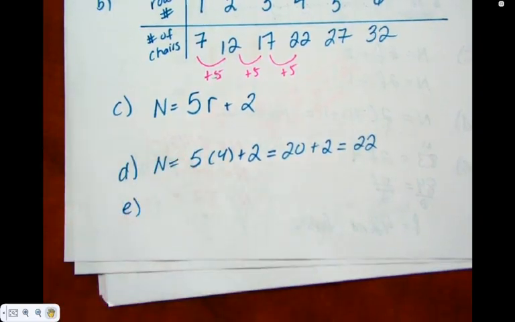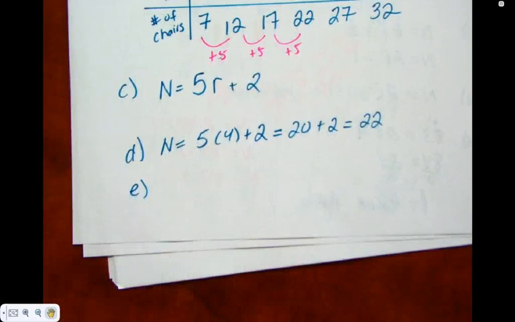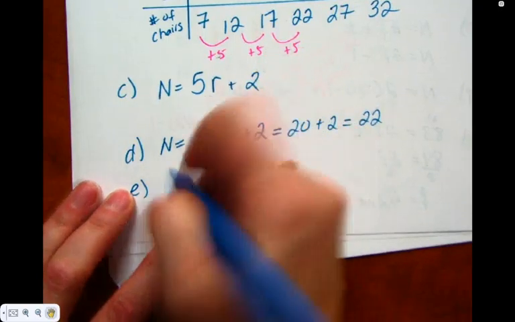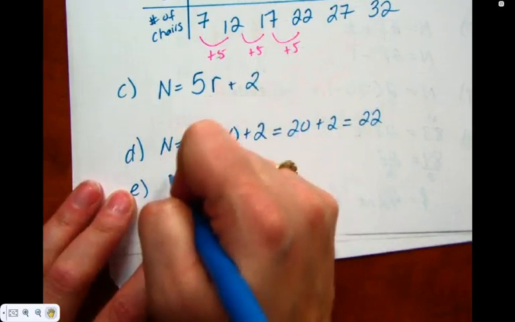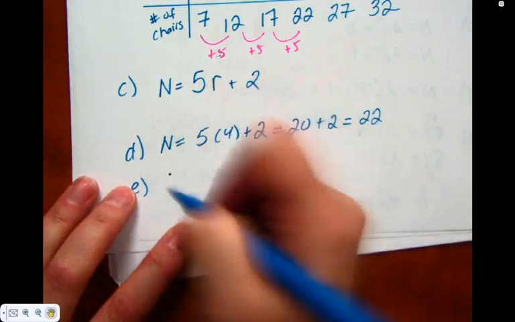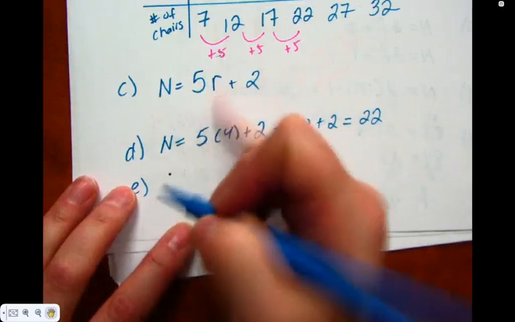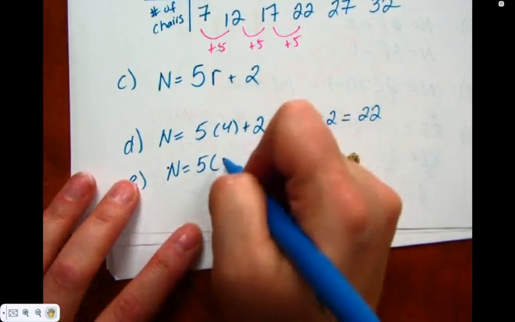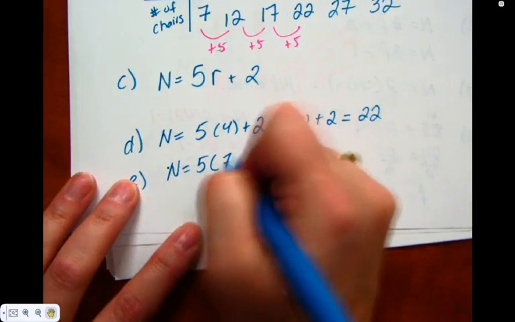How many chairs in the seventh row? Well, what am I replacing for 7? Am I replacing n or replacing 5? I'm replacing n. Really? Can't replace the 5. The 5's a number. R. I'm replacing R for 7.